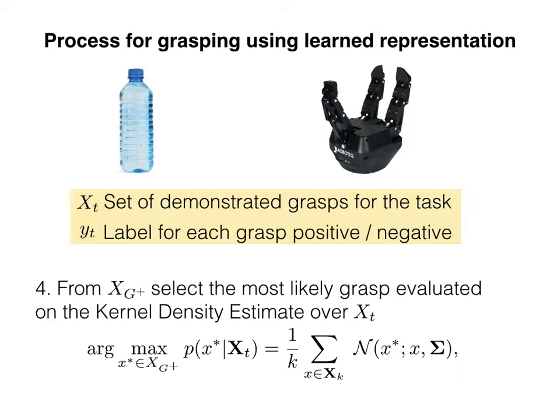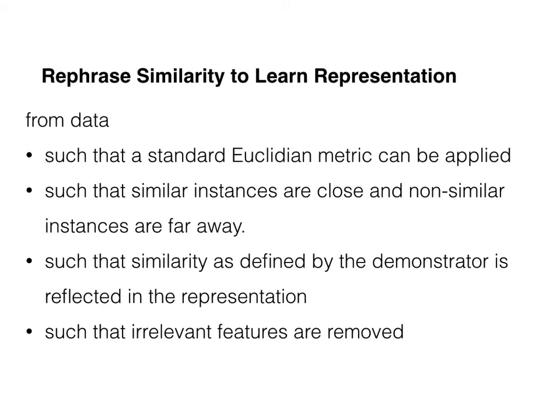Okay, so now I've shown you how this learned representation can fit into a system for learning task-specific grasps from demonstration, and I will now talk about how we can learn this representation from the data. So if we go back and think about it again, we wanted to rephrase similarity to mean learned representation from the data, and we wanted a standard Euclidean metric, perhaps.